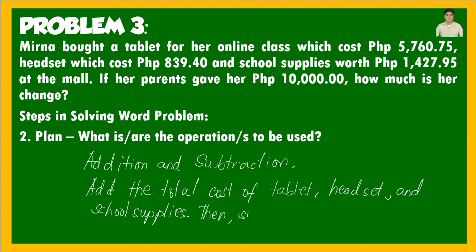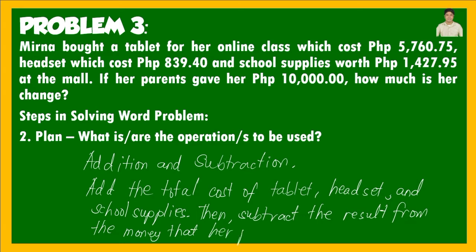Then, subtract the result from the money that her parents gave. So, ayan. Kailangan muna nating i-add yung total ng tatlo and then i-subtract natin dun sa 10,000, yung binigay na pera sa kanya ng kanyang mga magulang.